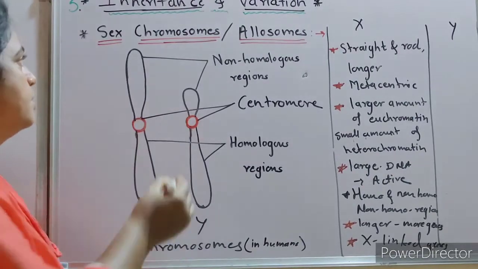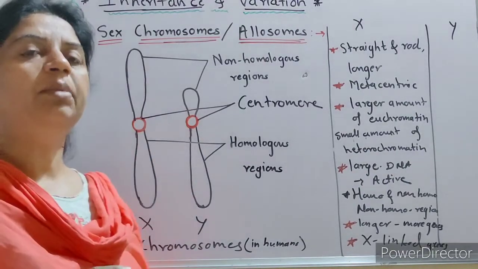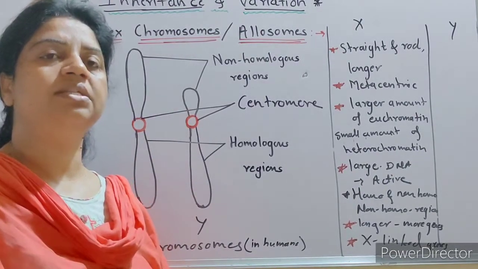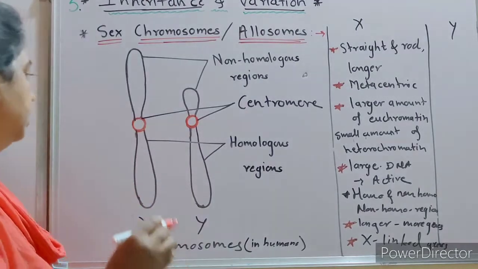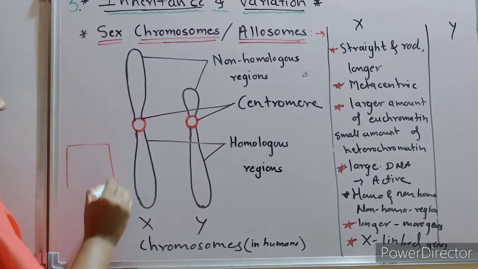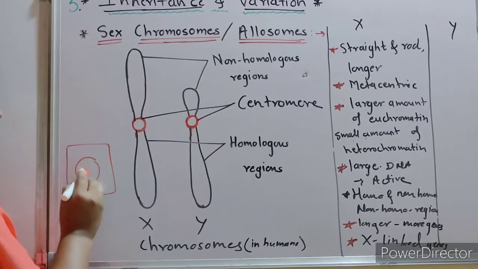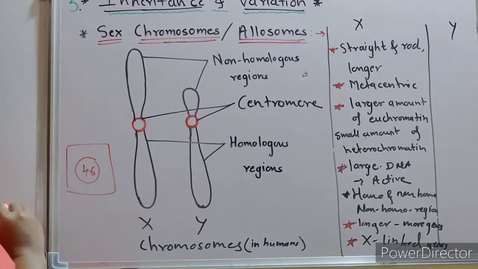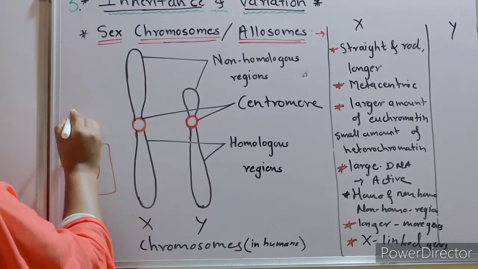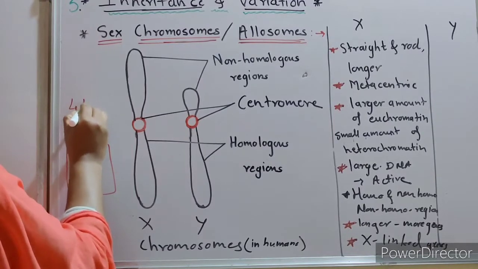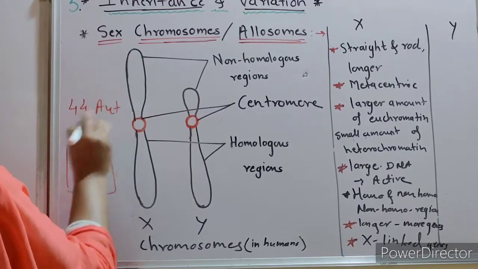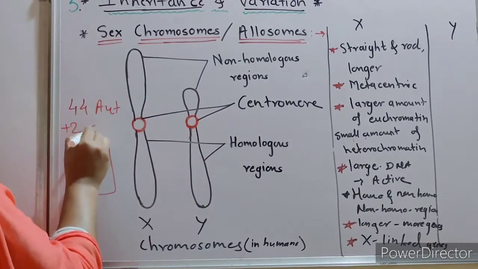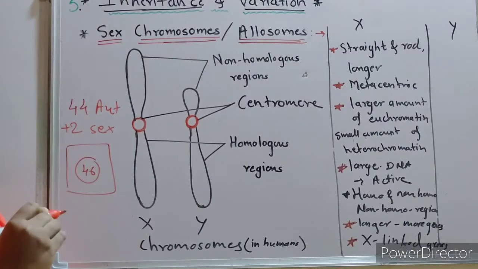Sex chromosomes. In human beings, there are 46 chromosomes in each cell. The nucleus has 46 chromosomes, out of which 44 are autosomes and 2 are sex chromosomes.